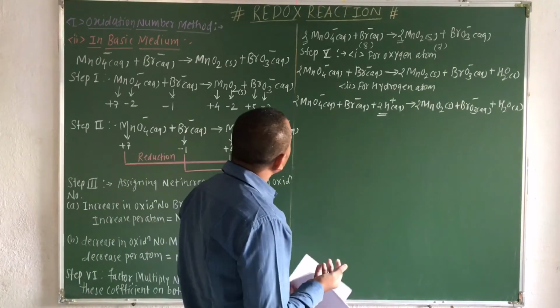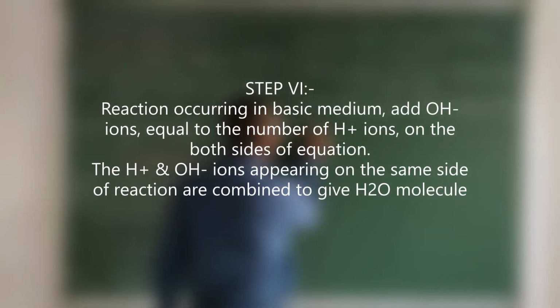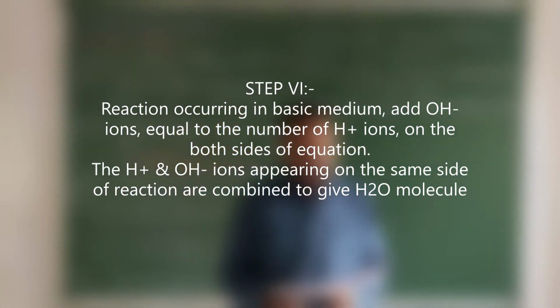Now let us go to step number 6, which is different for your basic medium. So this is the differentiating step. If the reaction occurs in basic medium, then add OH minus ions equal to the number of H plus ions on both sides of the equation. The H plus ions and the OH minus ions appearing on the same side of the equation are combined to give H2O molecules.